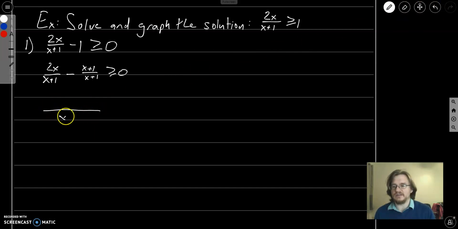So now this whole thing will be over x plus 1, and I'll have 2x, and I want to subtract the top of this fraction. So I'll have 2x minus x minus 1. This will be 2x. I need to distribute the negative sign.